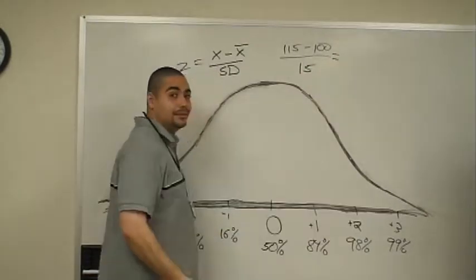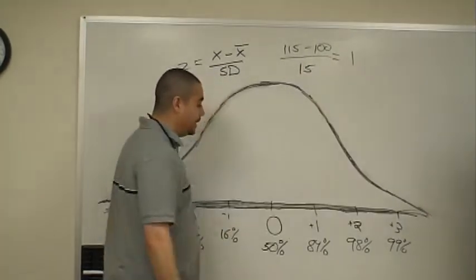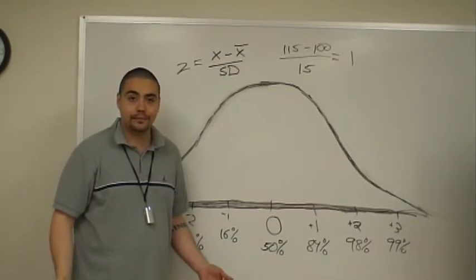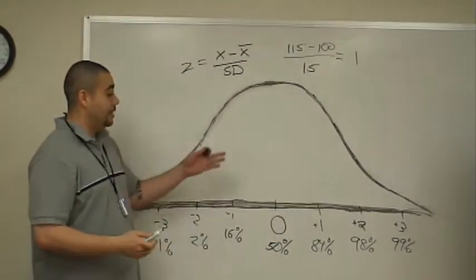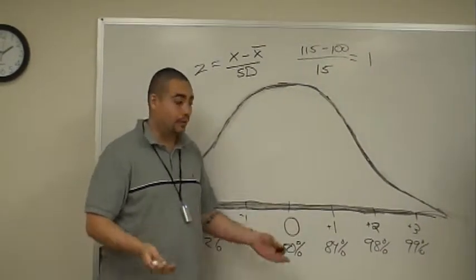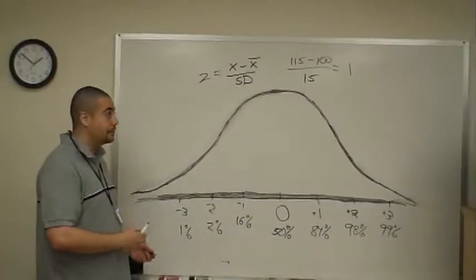If you do this, you'll get a score of 1, meaning that the person's score falls right here, which is the 84th percentile rank. You could do this for 130 on the Wechsler, which would be the 98th percentile rank, and so on. And you could do it down this way too.